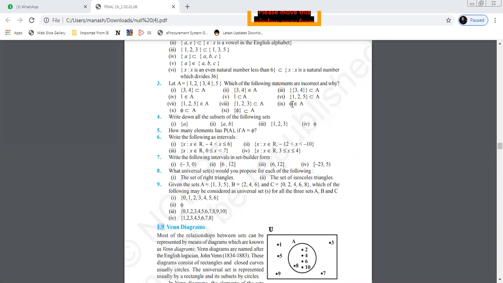Now 9: {5} belongs to A, this is correct or wrong? Wrong. Because 5 means what? It is the empty set. Okay, it is a subset of A. This one, 10: {5} is a subset of A, it is not belongs to A. And the last one, false.